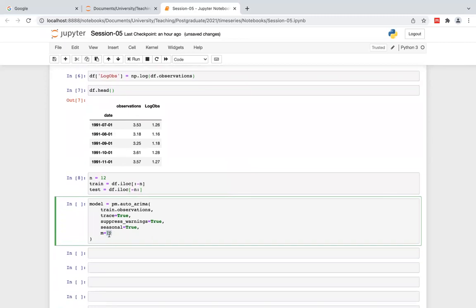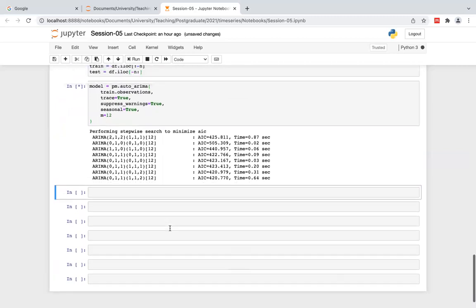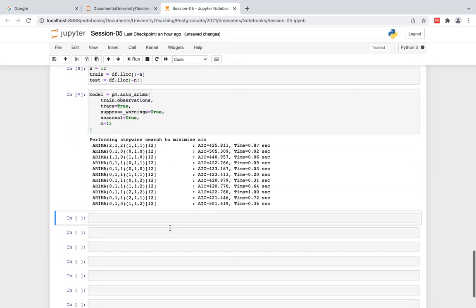Then I set this m, in the sense of the length of the seasonal component, which means the seasonal period is 12. Then seasonal I set to true, right? This is how I am implementing this auto ARIMA model. Then I am training the model with the train observation, this raw data, right? Okay. Then I'll run the model.